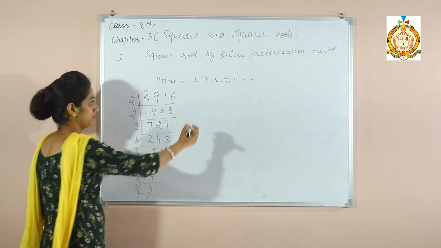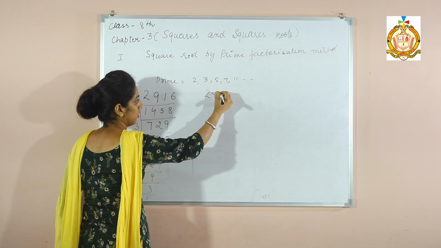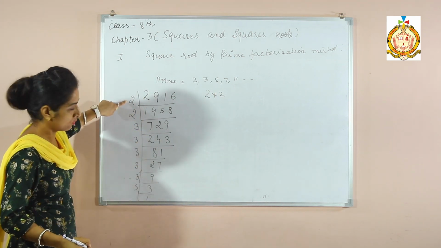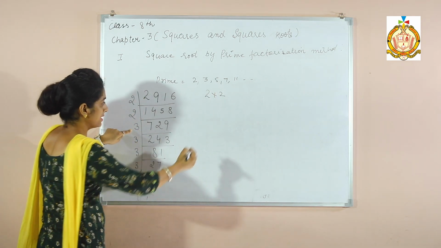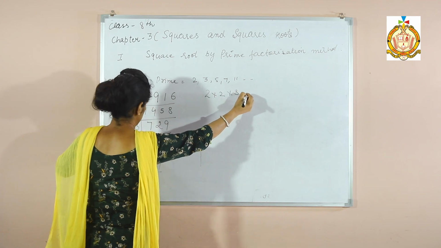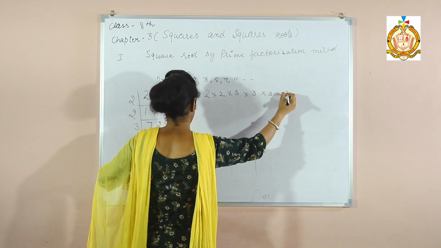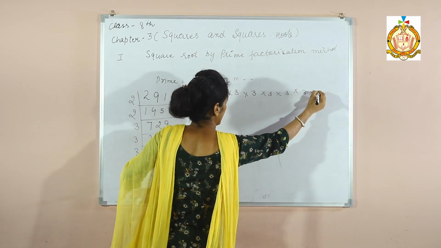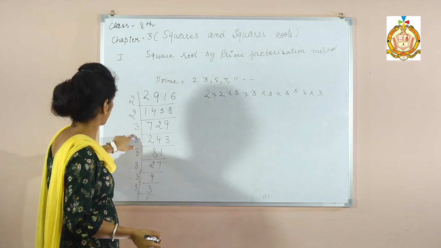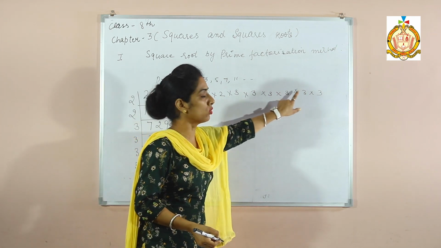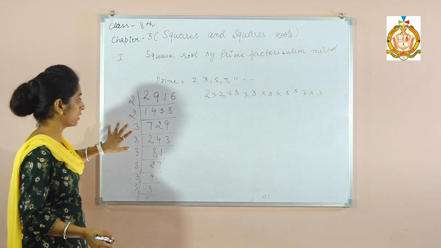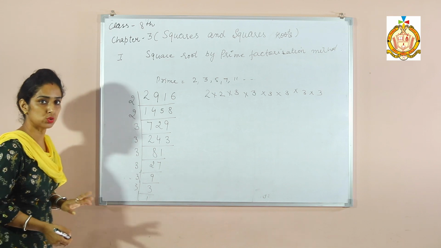Now make pairs. First of all, write all the factors: 2 multiplied by 2, multiplied by 3 six times.